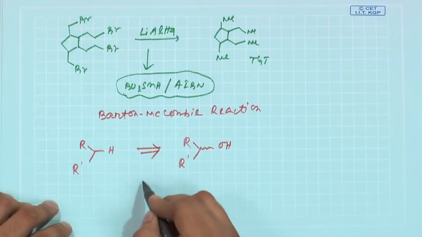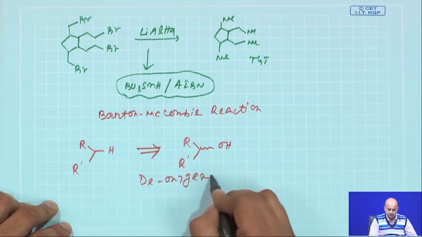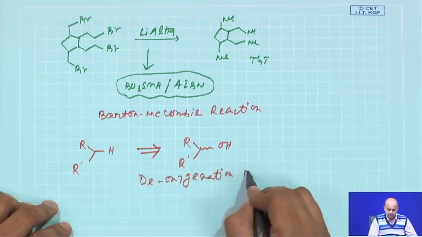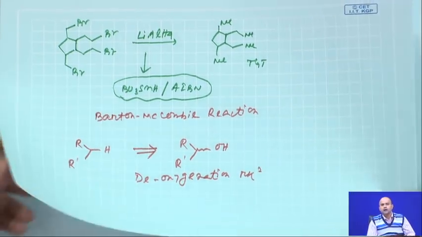It is basically a deoxygenation reaction. This is a very helpful reaction, and the Barton-McCombie reaction was used quite often. Now, in the Barton-McCombie reaction, what is the main role of the different things?